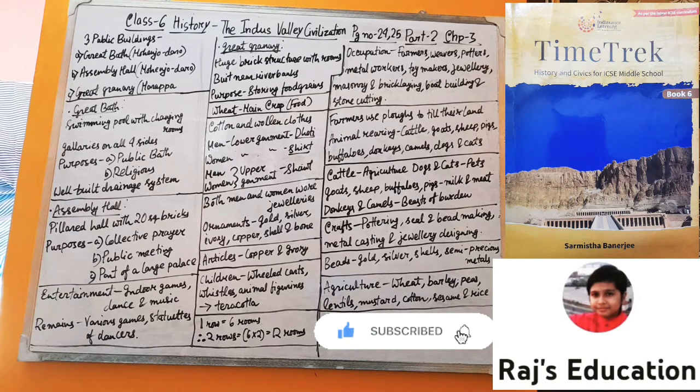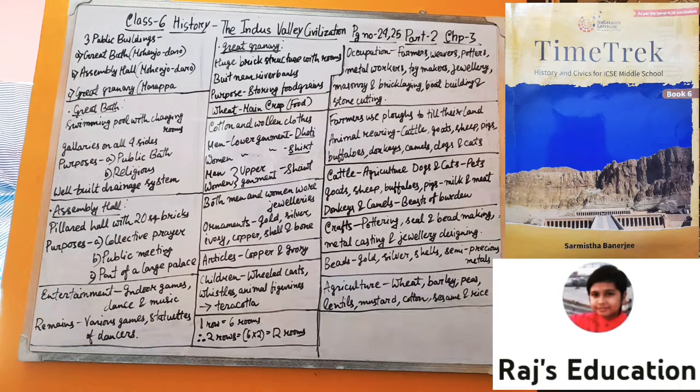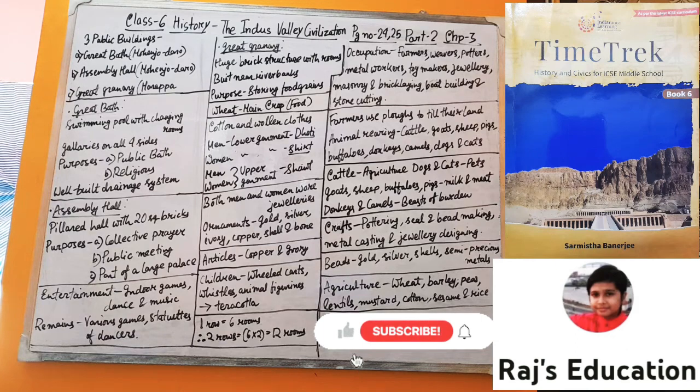The purpose of this Assembly Hall is not known to us, but some historians think that it was used for collective prayer, or it could have been used for public meetings, or the Assembly Hall could be part of a large palace. These were the three thoughts of the historians. The purposes of the Great Bath, Assembly Hall and Great Granary are not clear or known to us.